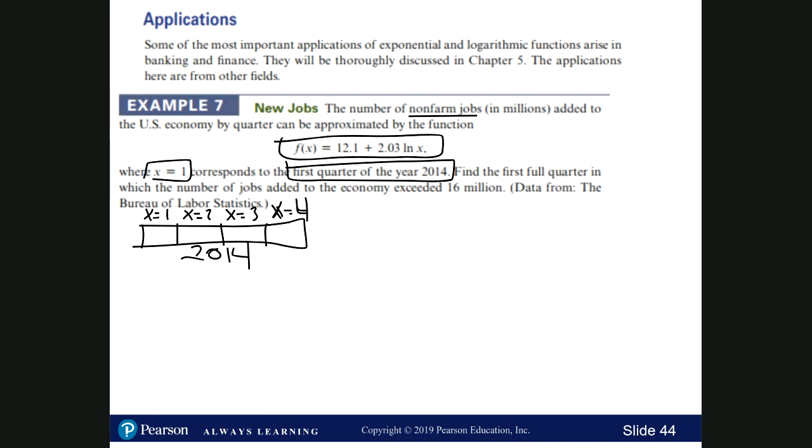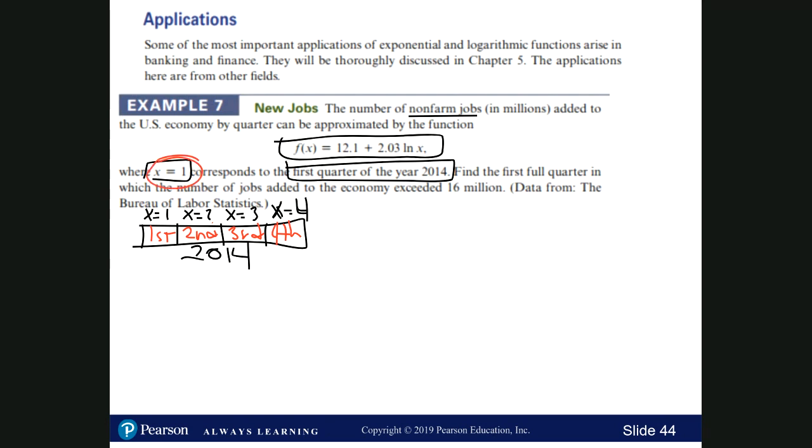So this will be the first quarter, the second quarter, the third quarter, and the fourth quarter of the year 2014. That's what this is telling us.